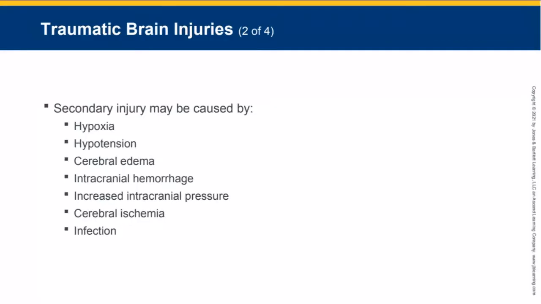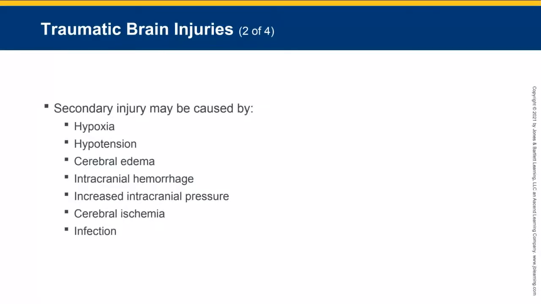So secondary injury may be caused by, and all of these complications are linked to a primary brain injury, hypoxia, hypotension, cerebral edema. When you see the word edema, edema means swelling and leakage of fluid. So edema is associated with swelling and leakage of fluid.